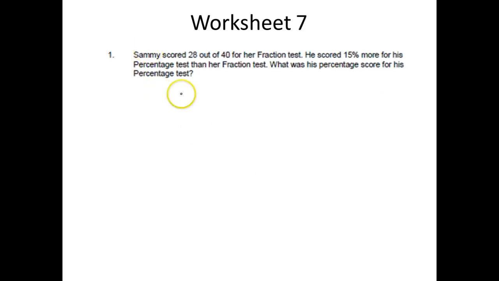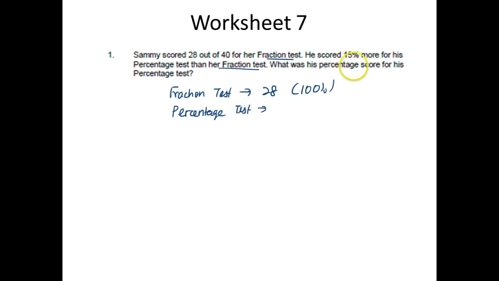Worksheet 7. Sammy scored 28 out of 40 for her fraction test. She scored 15% more for her percentage test than her fraction test. So fraction test is 28, which is my 100%. Percentage test is 15% more. So it is 115%.